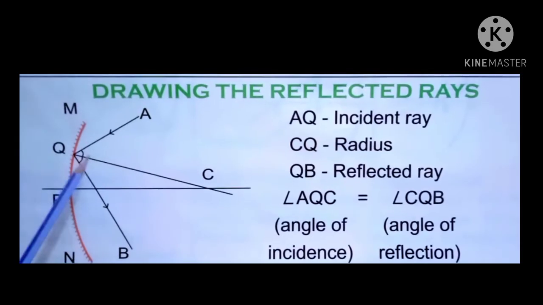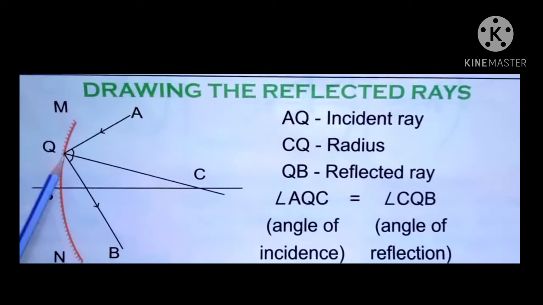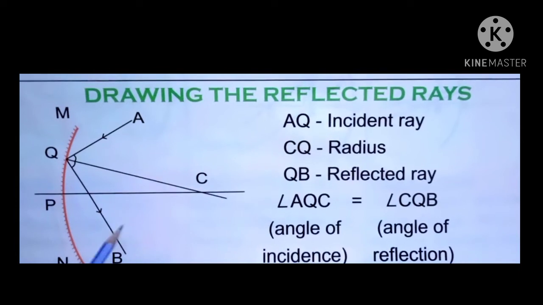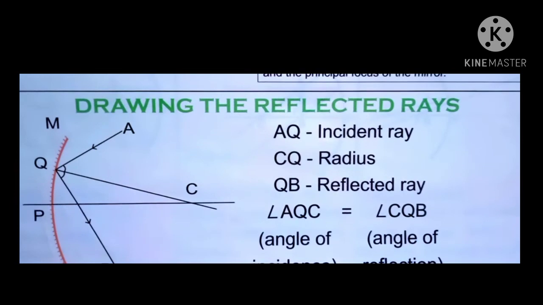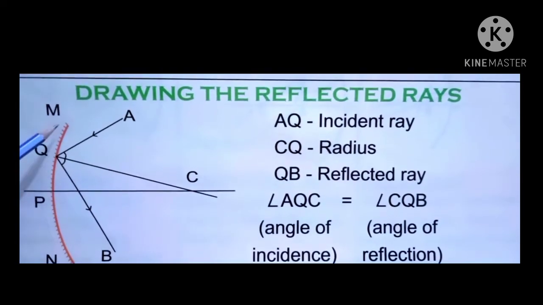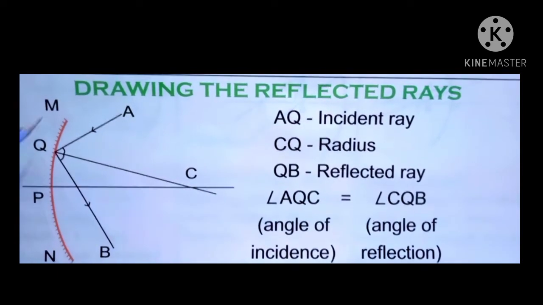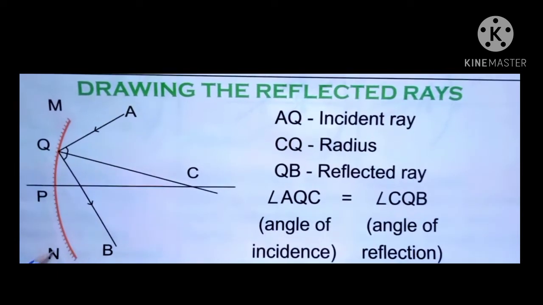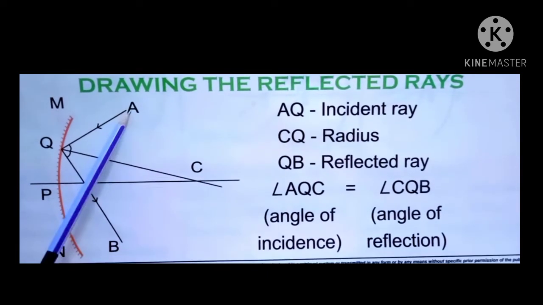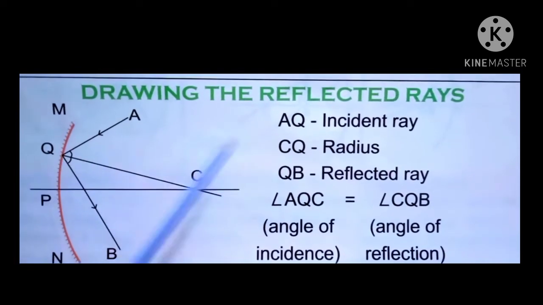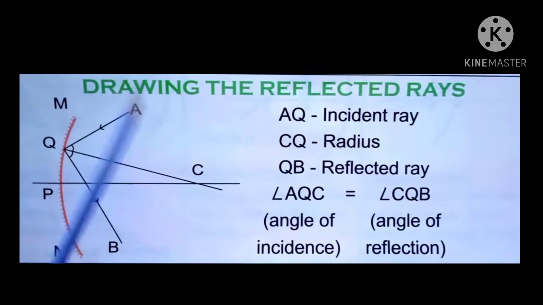Now, as I have explained to you with the help of the ray diagram how the incident ray gets reflected through a concave mirror, let's see the drawing of the reflected ray with the help of this diagram. Here you have to draw a curve to show a concave mirror like this. Here M and N is a concave mirror, and AQ is the incident ray. CQ is a radius of curvature or radius.